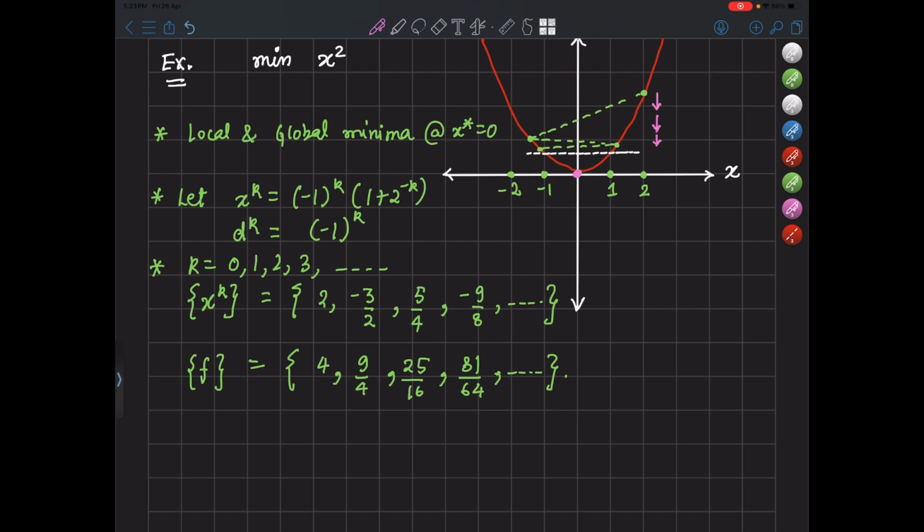You can see this is greater than this is greater than this, so it keeps on decreasing. So f(xk plus 1) is smaller than f(xk) for all k equal to 0, 1, 2, and so on, but the sequence does not converge.